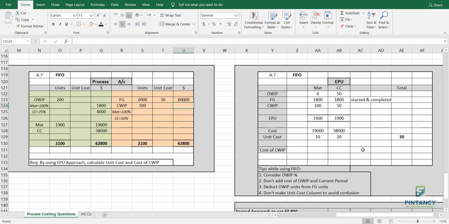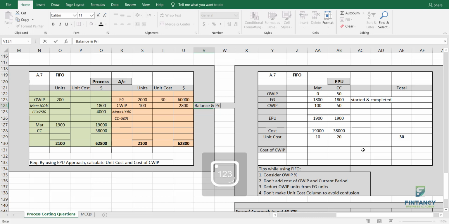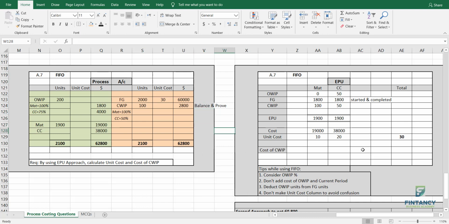And how much should be closing? Should be the difference between this and this, right? How much is the difference? 6. And you said, okay, balance and proof, right, everyone? So basically, my friends, you have done a big mistake. Let us see what's your mistake.